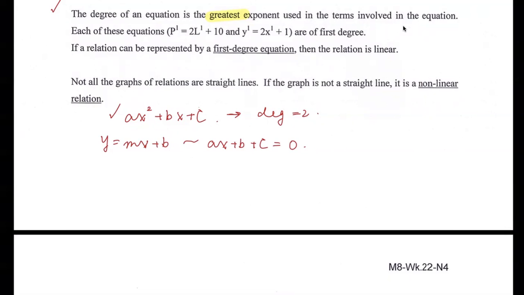So we can see from these two equations or these two functions that the greatest exponent used in the equations is 1. And that means linear equations all have degree of 1.